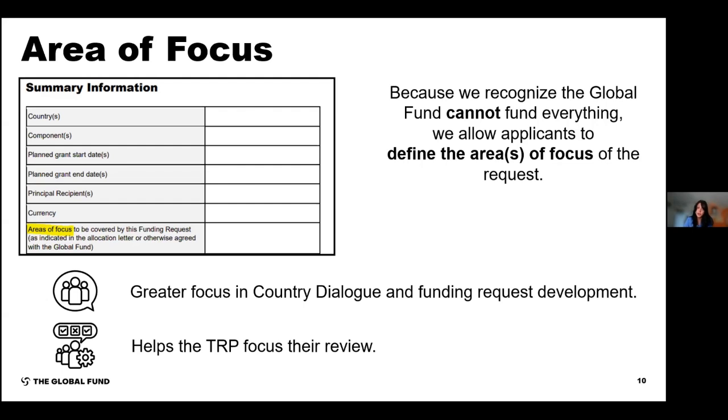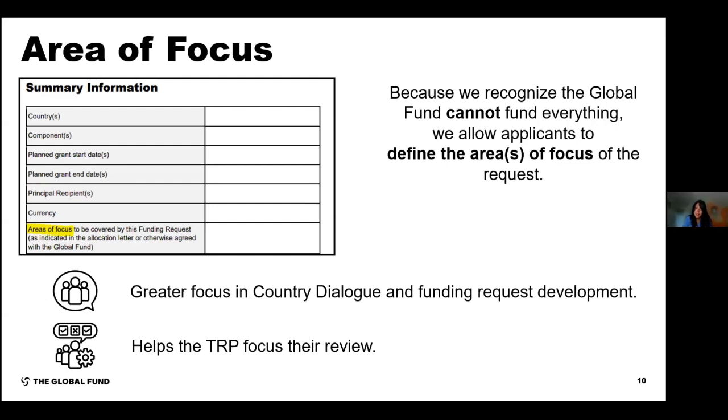The purpose of introducing this area of focus is to support you during your discussions within the CCM and partners, and to support the idea that for smaller portfolios, as in the case for focus portfolios, we cannot and should not fund everything, but really drive for impact in critical areas.